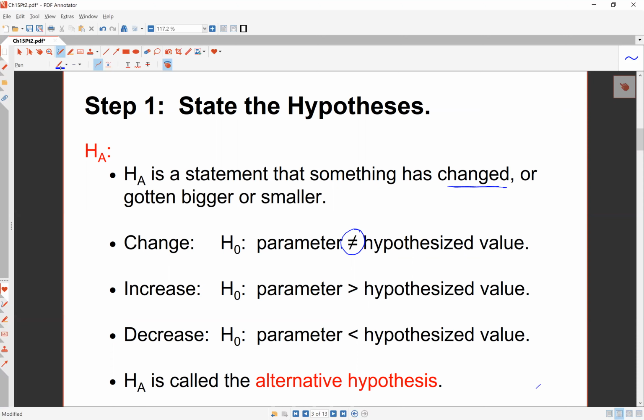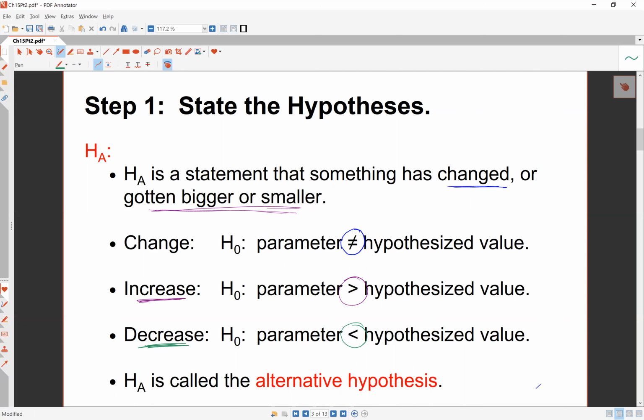Of course, the other option here is you'll often have an alternative that acknowledges, oh, something may have gotten bigger or smaller. There may have been an increase, which corresponds to saying that the parameter is now greater than the hypothesized value. Or there may have been a decrease, which says, okay, now the parameter is less than the hypothesized value.